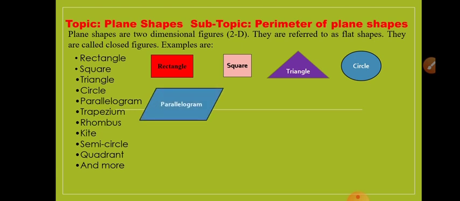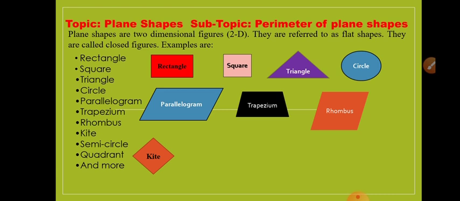The next one is parallelogram. The next one is trapezium. And the next one is rhombus. The next one is kite. The next one is semicircle. The next one is quadrant. And we have many more.